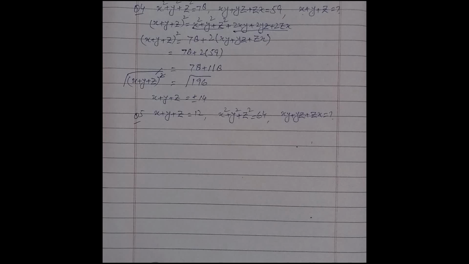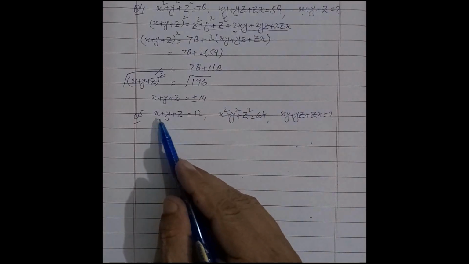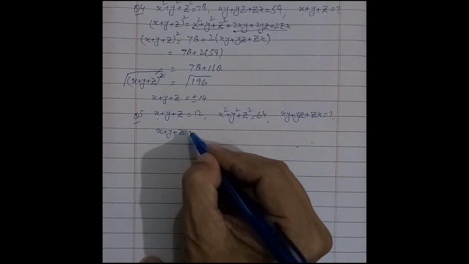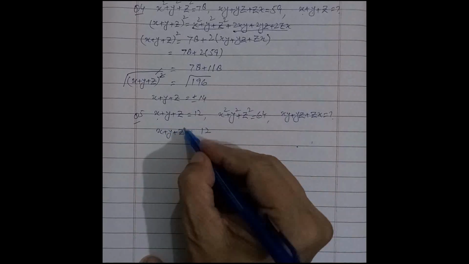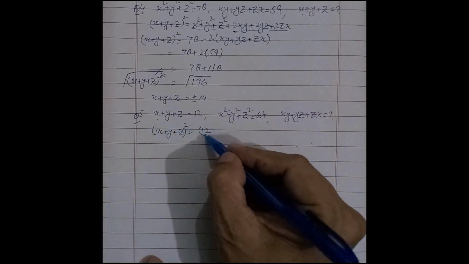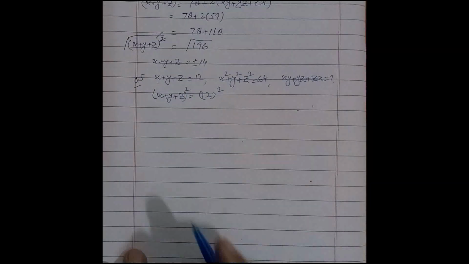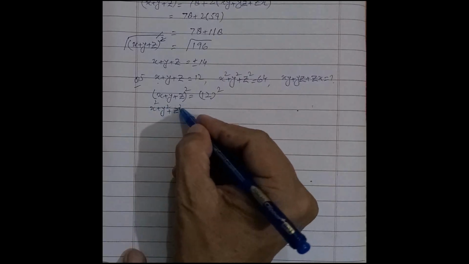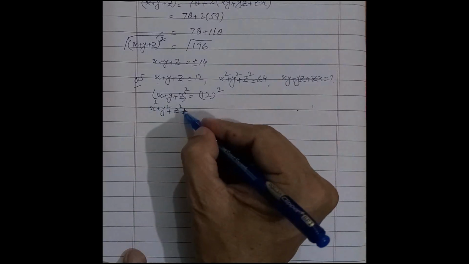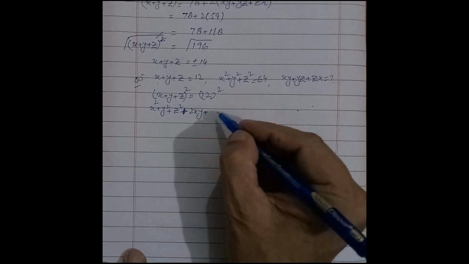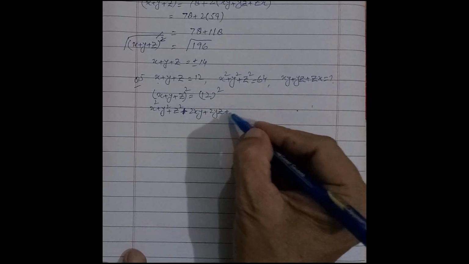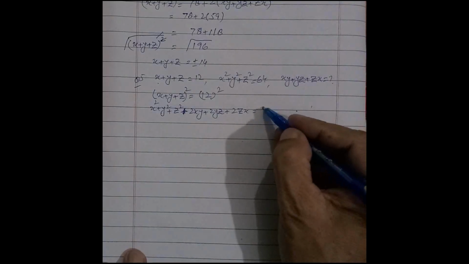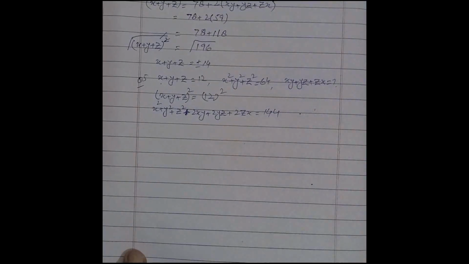The same method. First we take the square of x plus y plus z. x plus y plus z is equal to 12. We take square both sides, and the values are x square plus y square plus z square plus 2xy plus 2yz plus 2zx is equal to 12 square, which is 144.